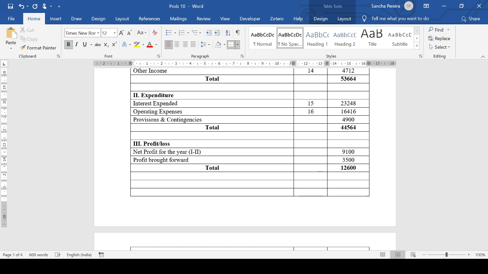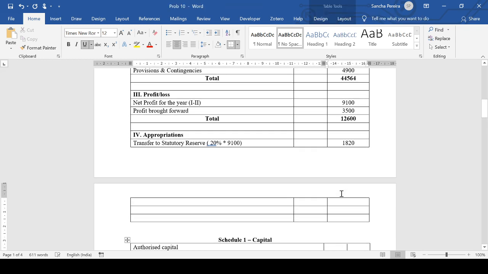Okay. Then we move on to our appropriations. Last part. First is mandatory transfer to statutory reserve, which is going to be 20% of the current year's profit, which is 9,100, and 20% of that will be 1820.